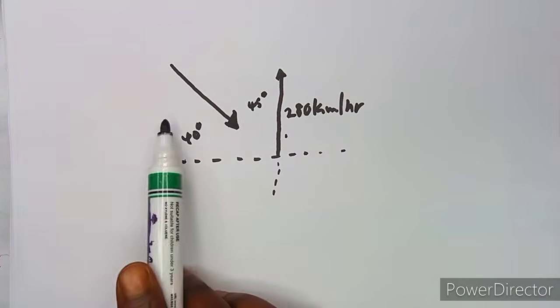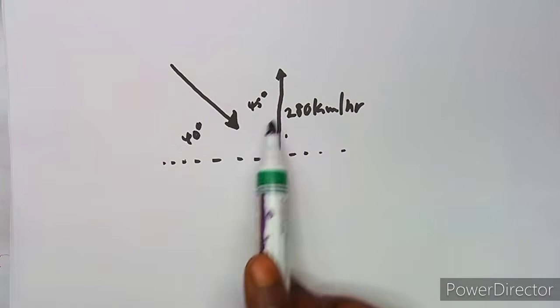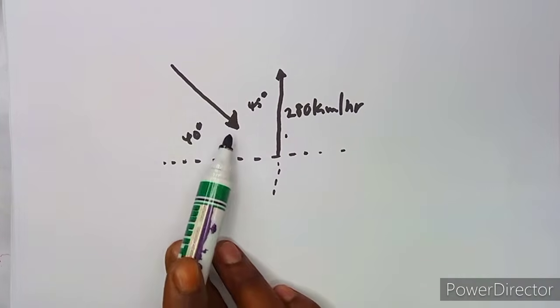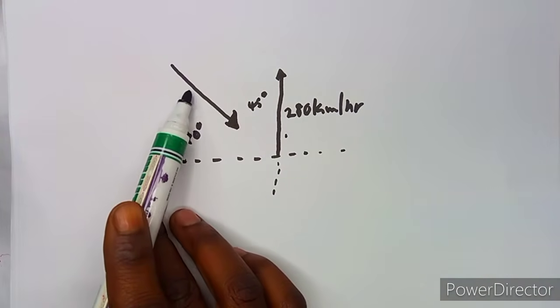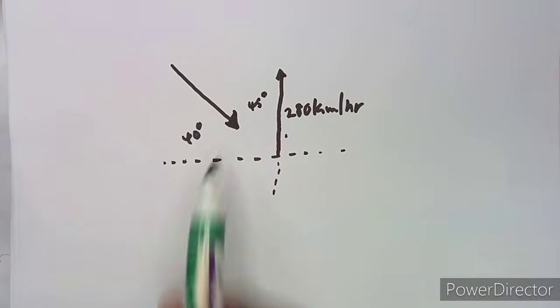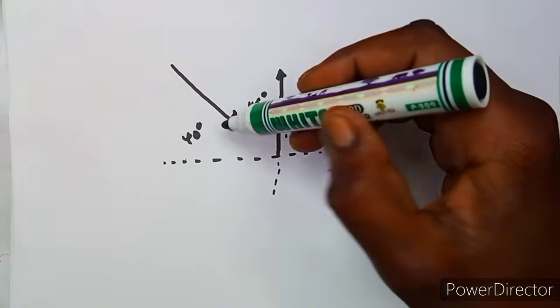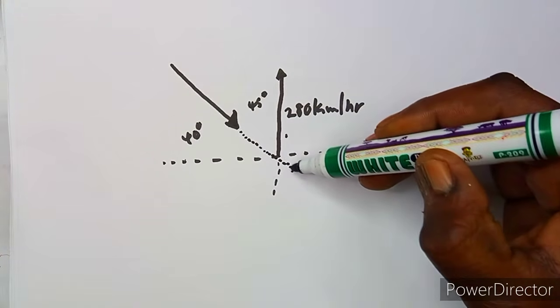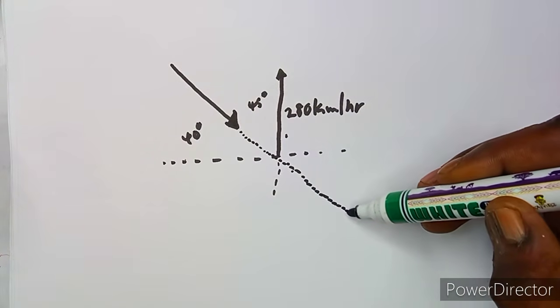So definitely it is going to cause an effect to the aeroplane. But we are worried about what is going to be at the end of this wind. The wind is going to continue like this, so it will be pointing this way now.